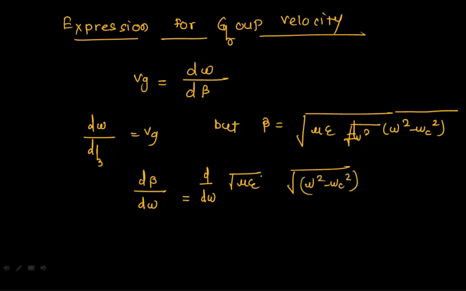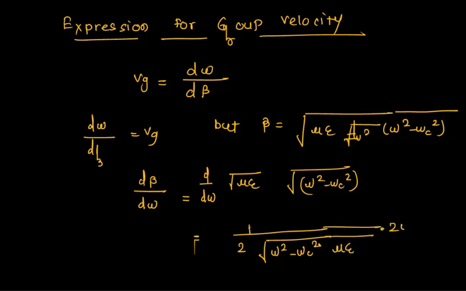So if I do the differentiation, it gives 2 omega over 2 times the square root of omega square minus omega c square, into mu epsilon. So this is the differentiation of this beta, which is the square root of mu epsilon times omega square minus omega c square.